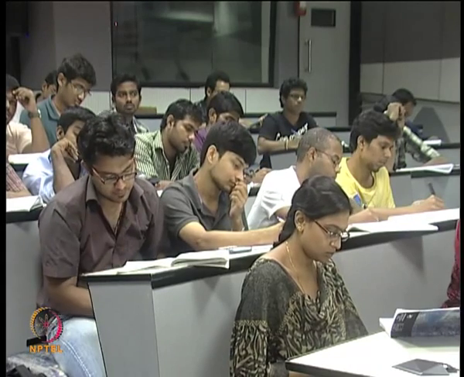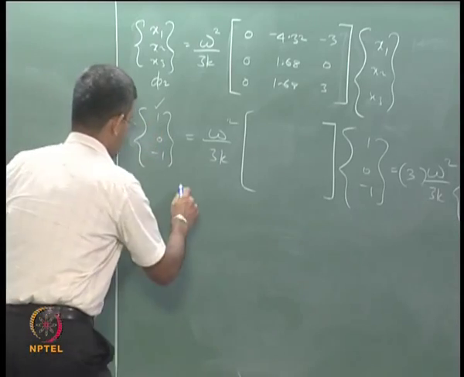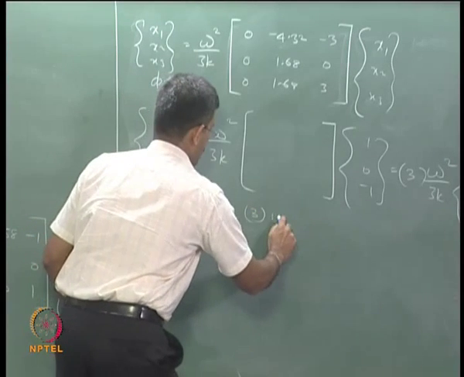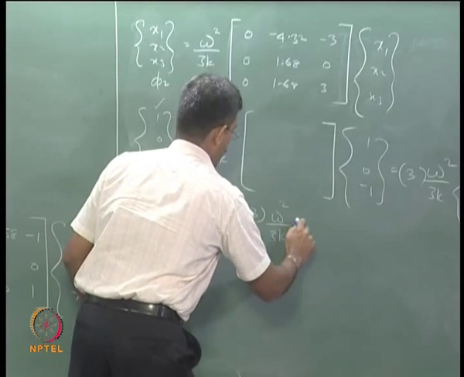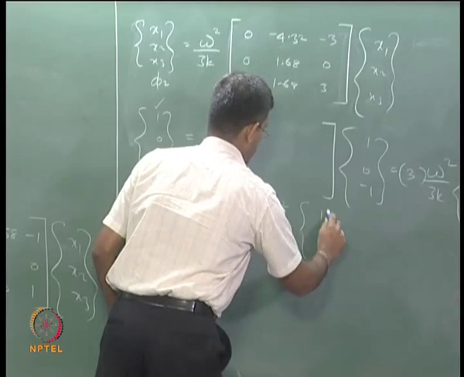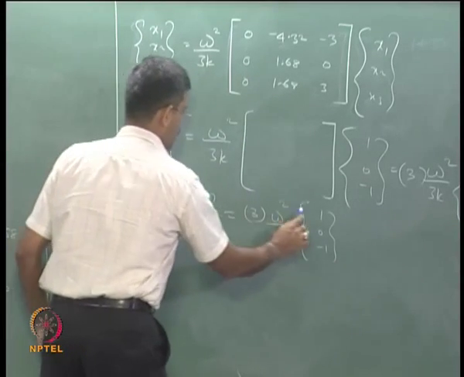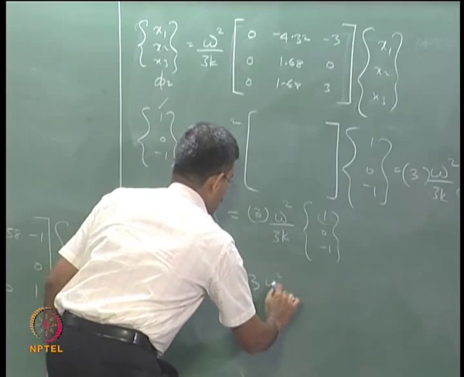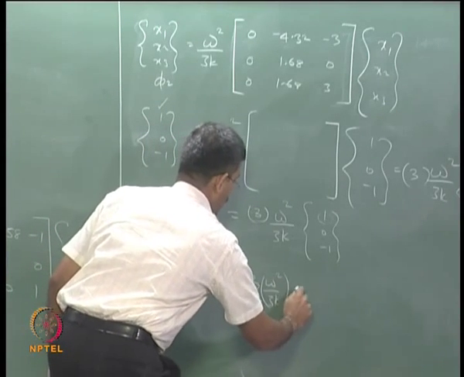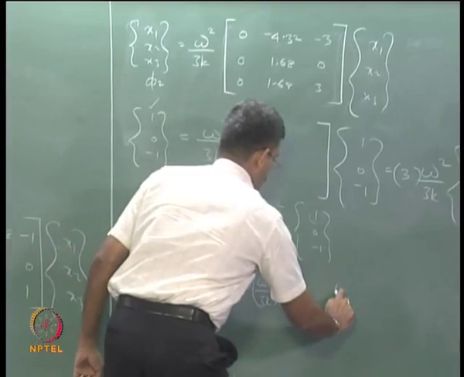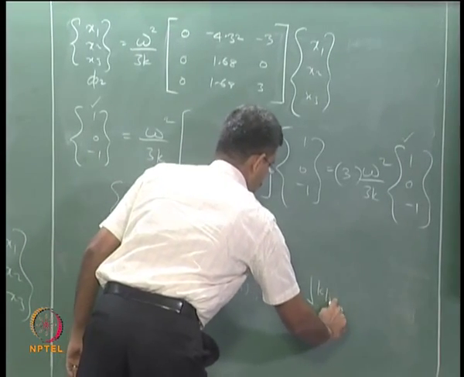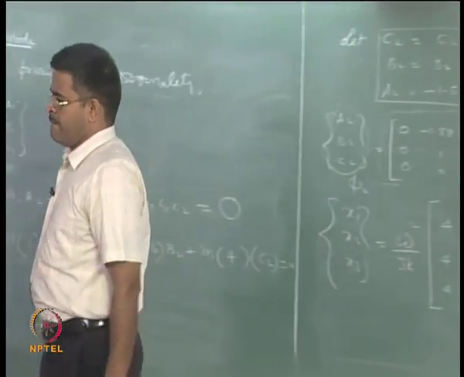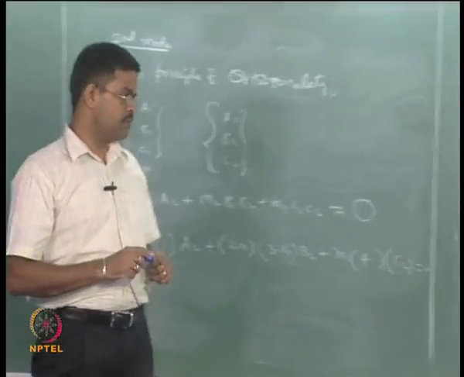So let us pick up the first row of this. So 1 0 minus 1 is equal to 3 times omega square by 3k of 1 0 minus 1. So pick up the first row and equate to the first row. I should say 1 is equal to 3 omega square by 3k of 1, which will give me omega as simply root of k by m, which is my second frequency.